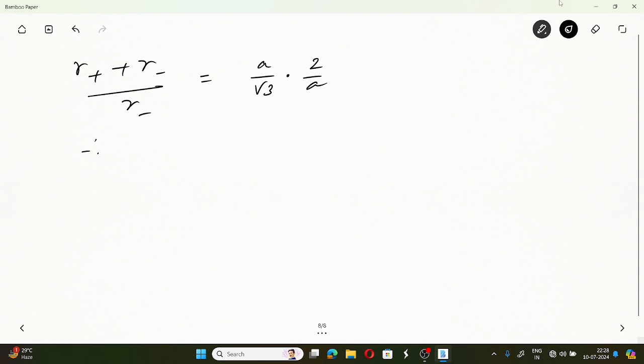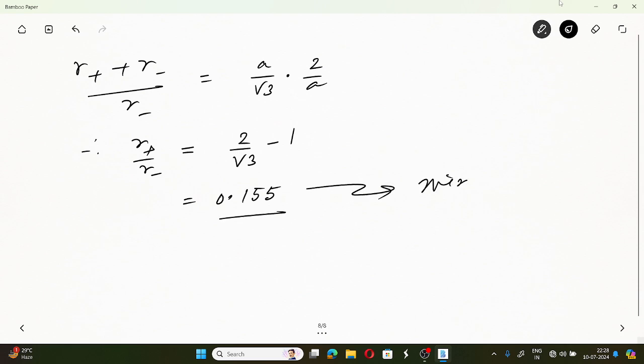So R plus by R minus equals 2/√3 minus 1. This value comes to 0.155. So this is the minimum radius ratio for coordination number 3.